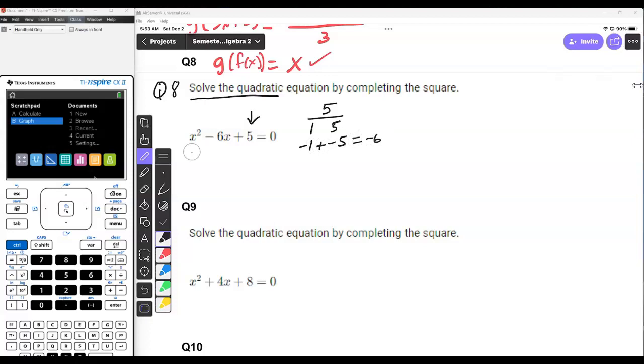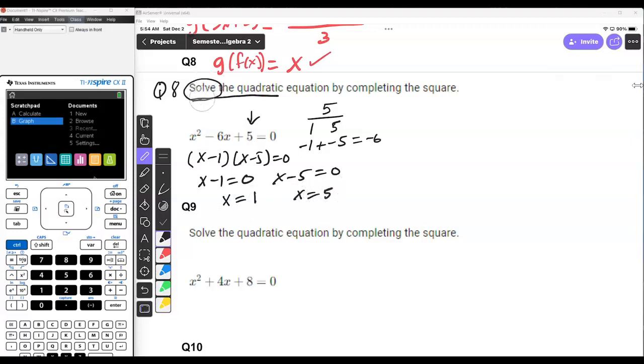So the factors are x minus 1 times x minus 5 is equal to 0. So you set each of them equal to 0. X minus 1 equals 0. X minus 5 equals 0. So the first answer is x equals 1, and the second answer is x equals 5.